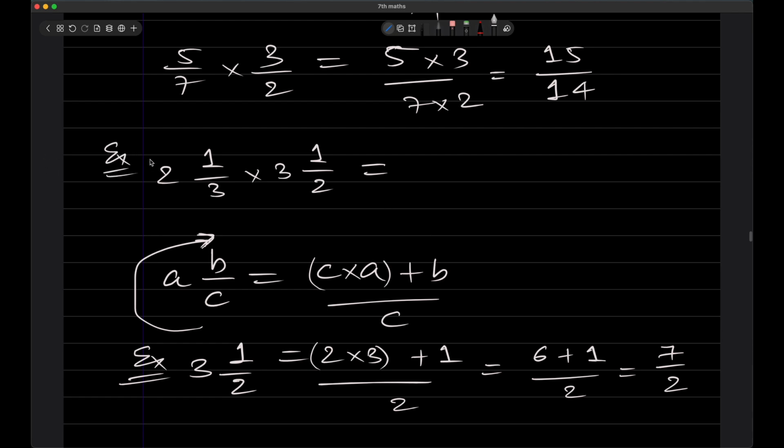So to convert mixed fraction into improper fractions, that is 3 into 2 plus 1, 3 twos are 6 plus 1 is 7 divided by 3 as it is, into 3 into 2 plus 1, 3 twos are 6 plus 1 is 7 divided by 2, and now multiply the fractions, that is 7 into 7 is 49 and 3 into 2 is 6.